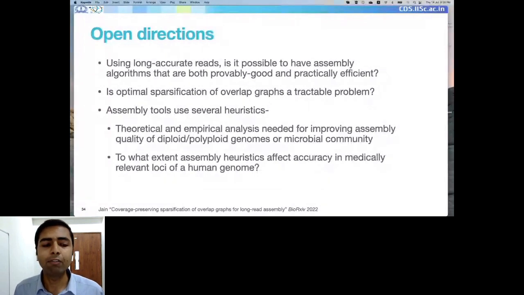So it will be good to have a detailed theoretical and empirical analysis of all those heuristics to see their impact on the assembly quality of diploid and polyploid genomes, as well as assembly of microbial communities. And in particular, how much do these assembly heuristics affect accuracy in medically relevant loci of the human genome, where accuracy is of high importance?